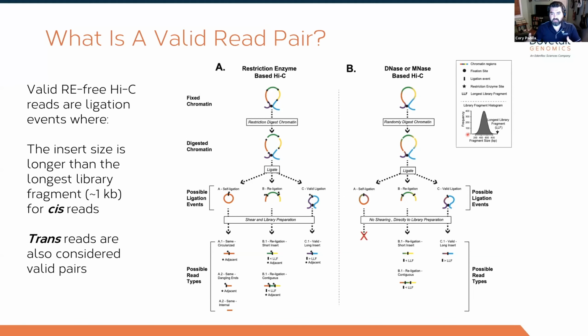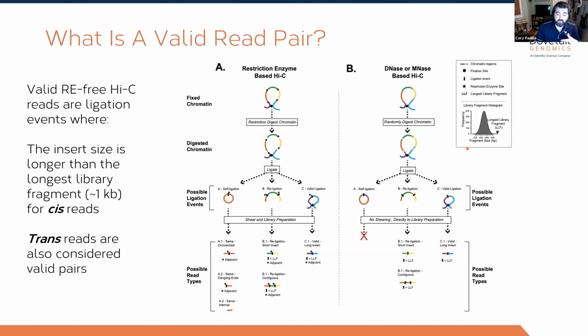So when you're thinking about restriction sites, it's: am I close to one? And is that ligation event bigger than my molecule? Well, when you aren't using restriction sites, the only consideration is that your ligation event must be bigger than your library molecule. So a 1 kb cutoff there is actually pretty good.